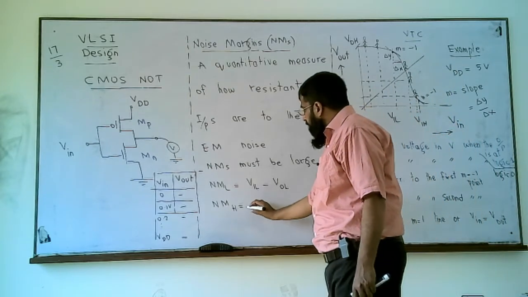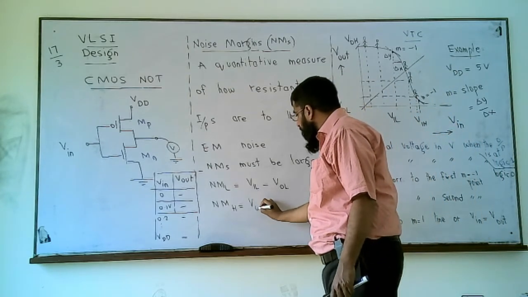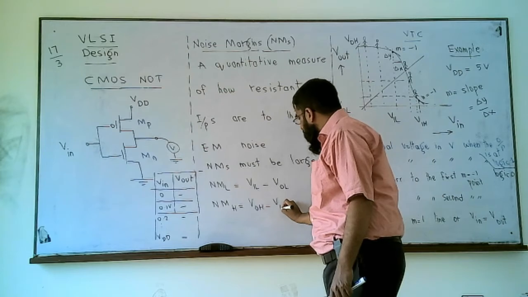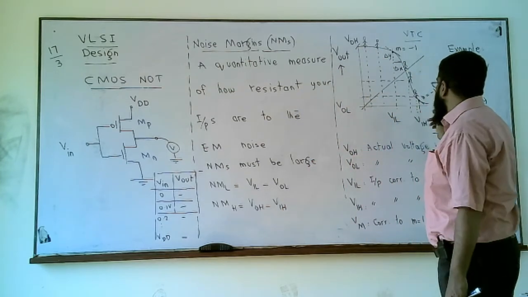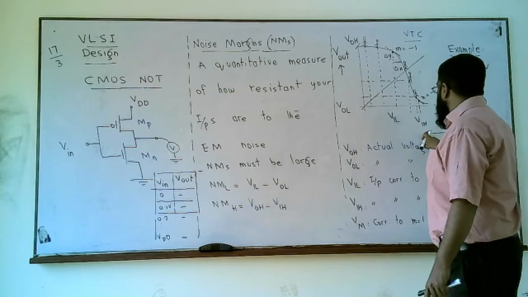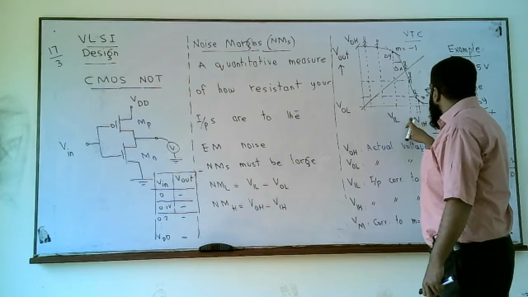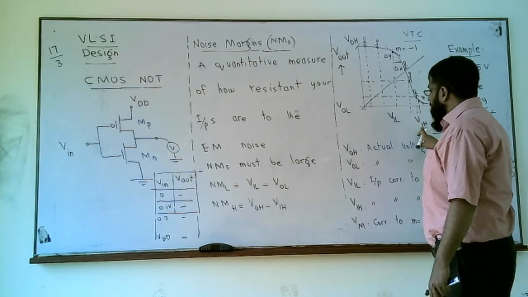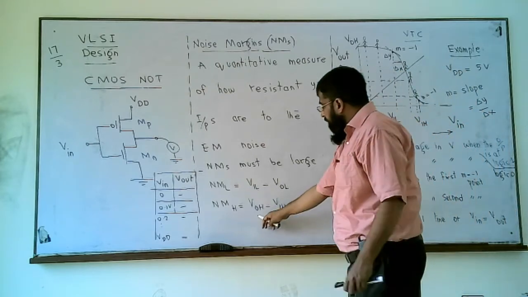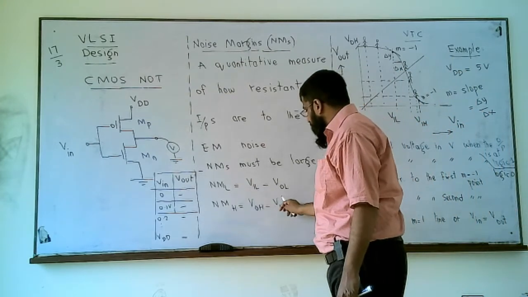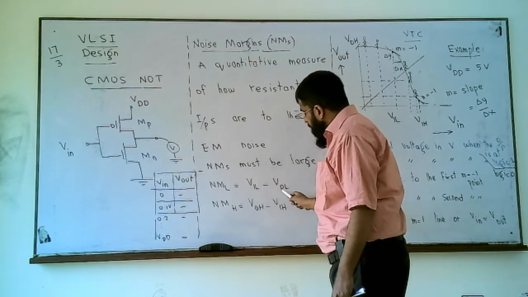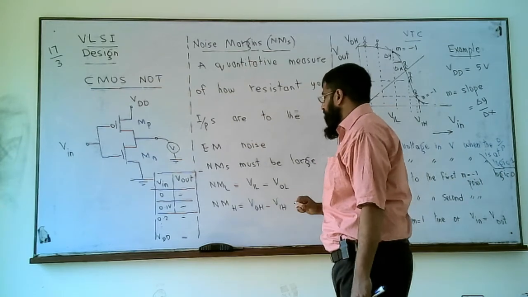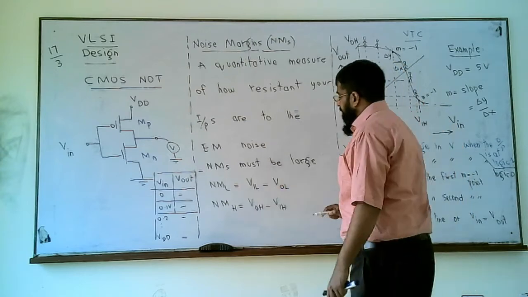Noise margin high is V output high minus V input high. V output high is almost fixed because it's equal to VDD. V input high is this voltage. For this difference to be large, V input high should be small. And for the other difference to be large, V input low should be high.